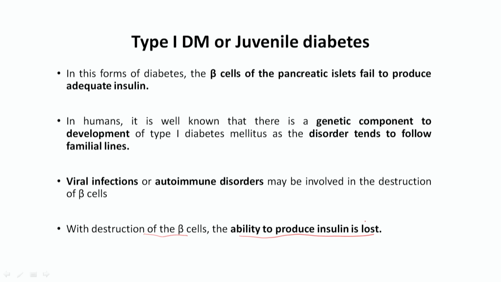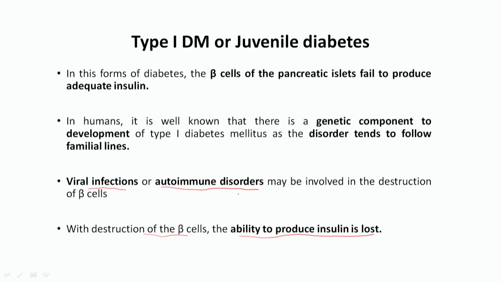It is said to be a genetic disease, carried over from one generation to another, and it may occur due to viral infection or autoimmune disorders that involve the destruction of the beta cells. Once the beta cells are destroyed, naturally insulin production is lost, glucose utilization by the cells does not take place, and there is a higher occurrence of glucose in the blood.